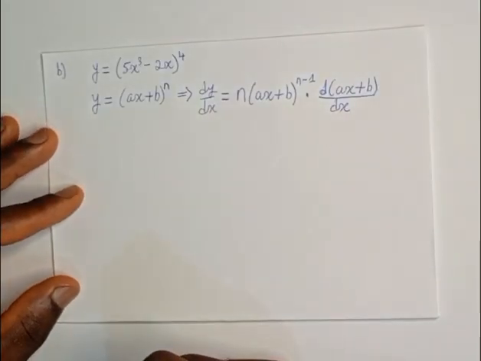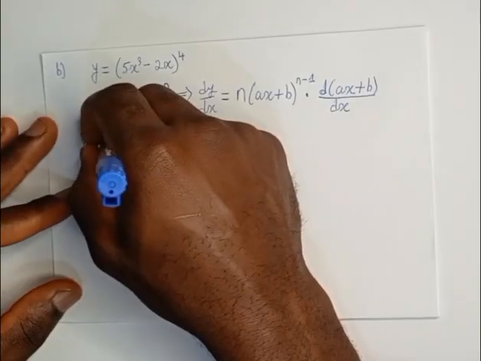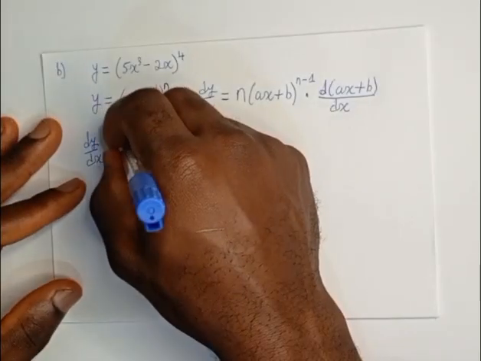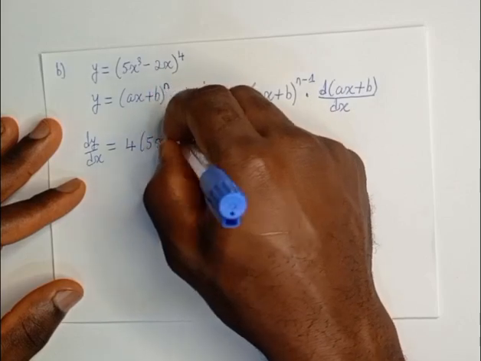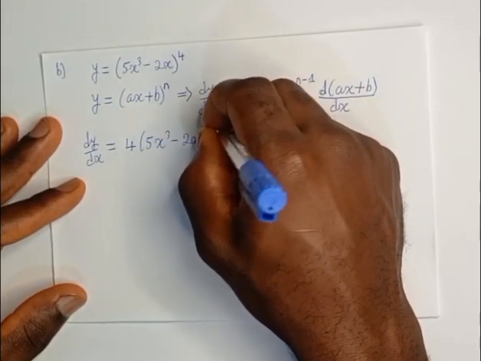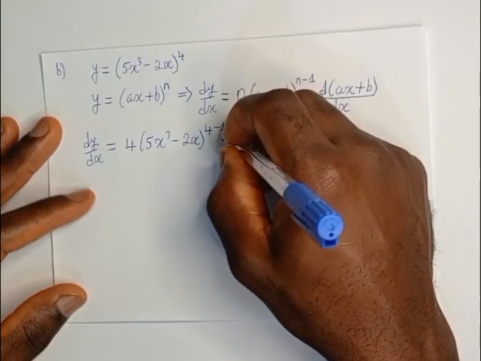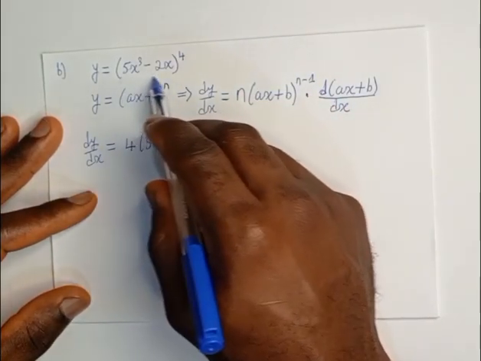By applying this formula, our dy over dx will simply be equal to 4 times 5x cubed minus 2x, all this raised to the power 4 minus 1, times the derivative of what we have in brackets.